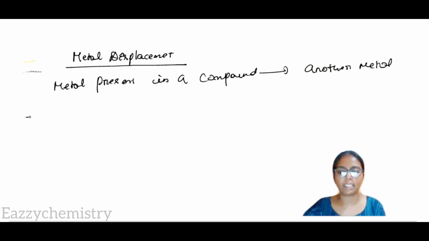If we consider an example, let's consider copper sulfate, CuSO4. It reacts with zinc, so it will produce copper plus ZnSO4.